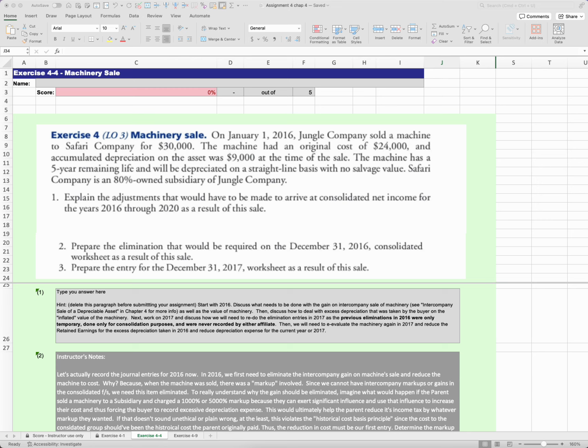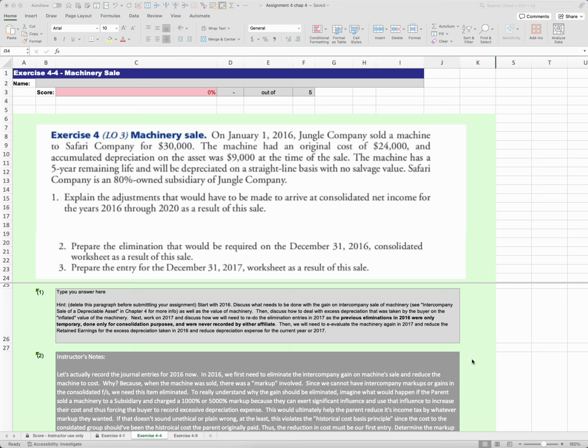So we had a machine with a book value of $15,000 and it was sold for $30,000 within the affiliated group. And so right off the bat, we can see that there is a gain of $15,000 that the seller recorded and the buyer paid.